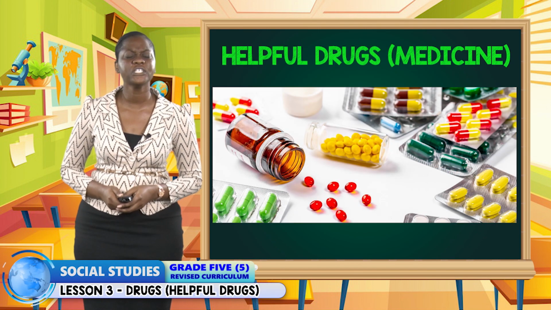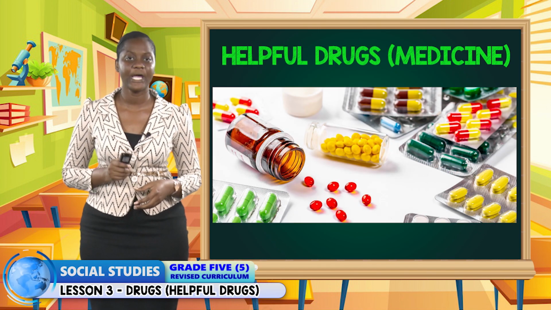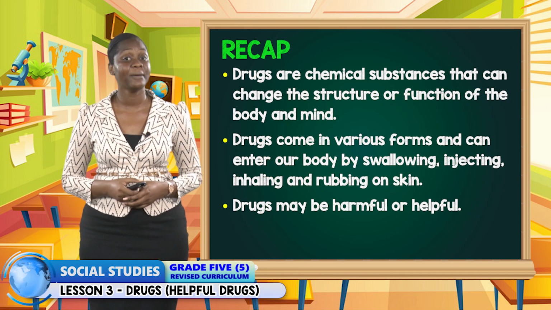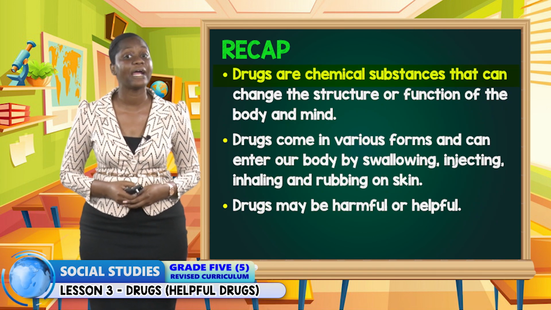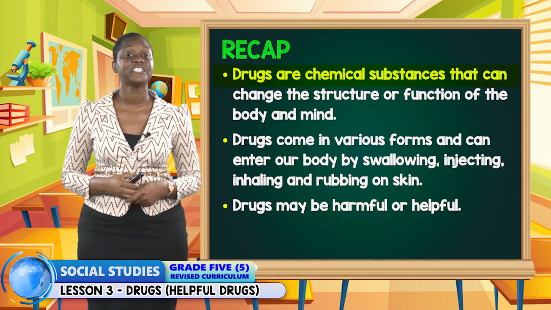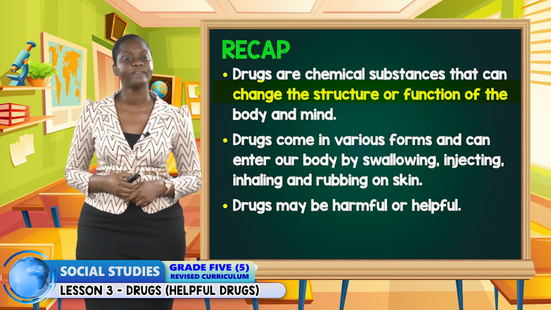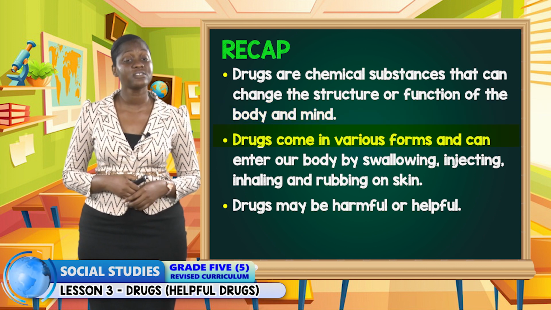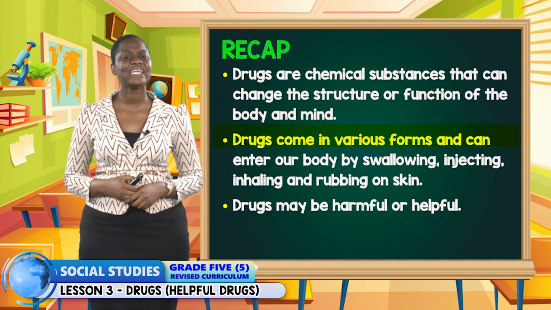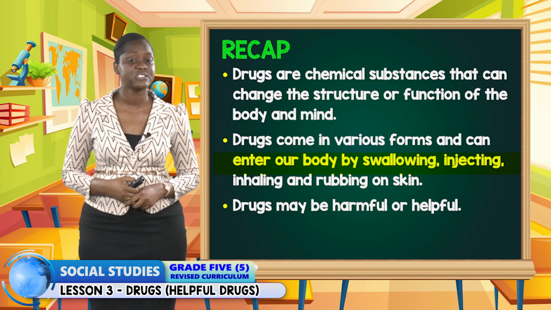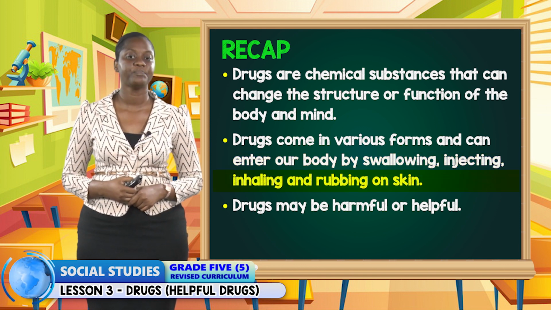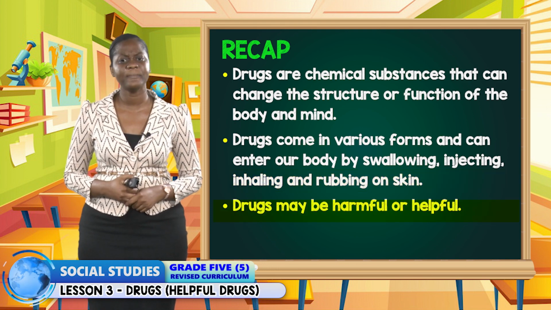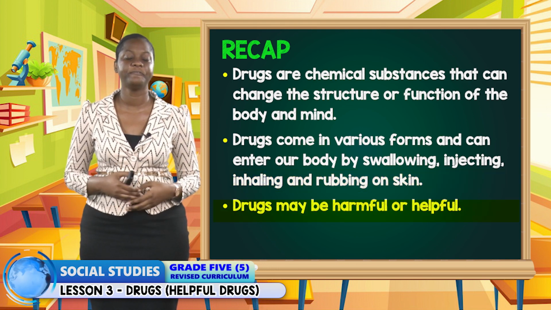So we have learned quite a bit about helpful drugs. So let's recap. Remember, drugs are chemical substances that can change the structure or function of the body and mind. Drugs come in various forms and can enter our bodies by swallowing, injecting, inhaling, and rubbing on skin. Drugs may be harmful or helpful.